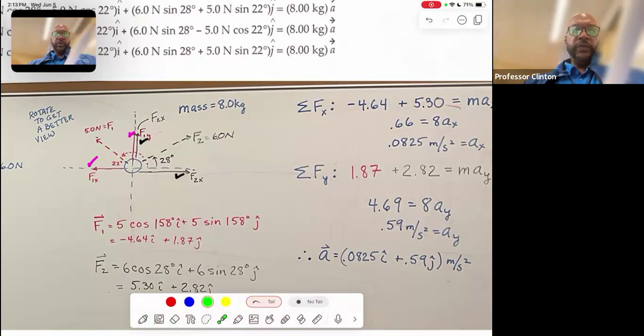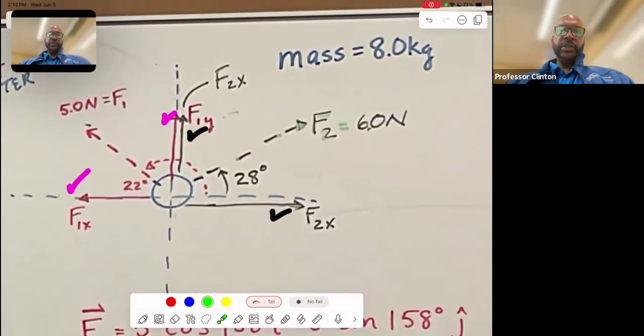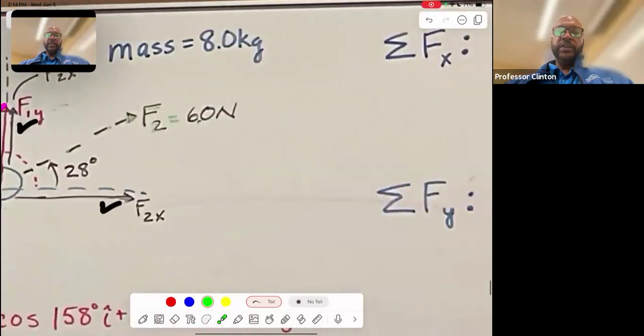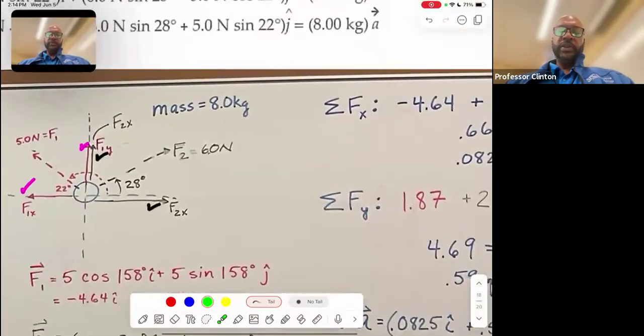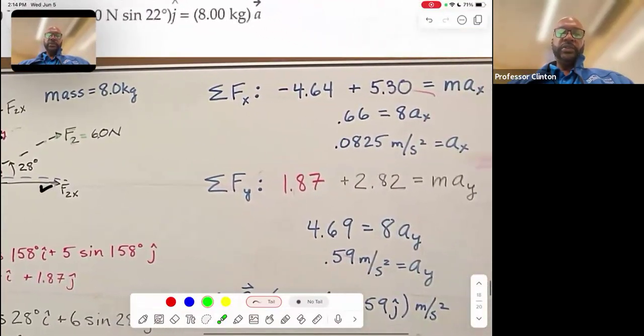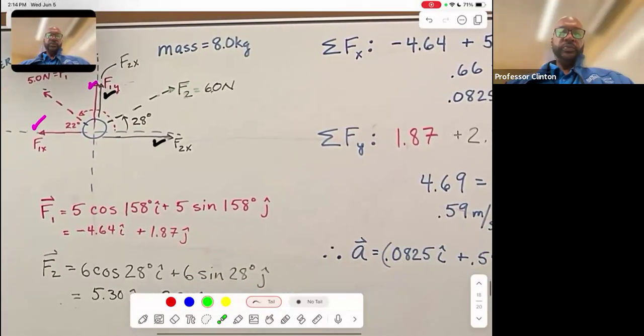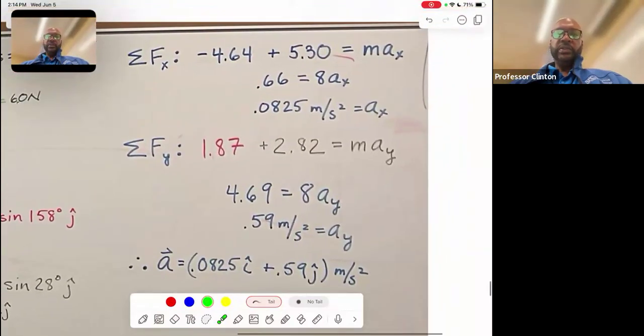If you look at all the forces that are in the x direction, you have this force right here, which is positive, and you have this F1x, which is negative. And so just sum those up. There's your x, and then there's your other x, which turned out to be equal to this numeric value.